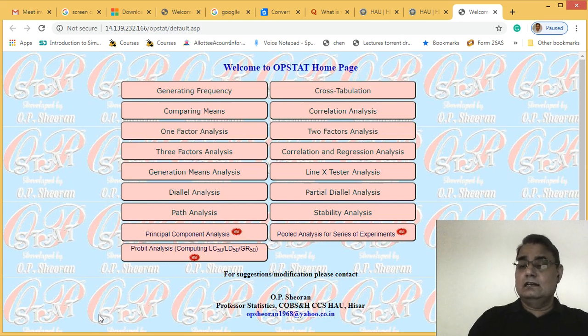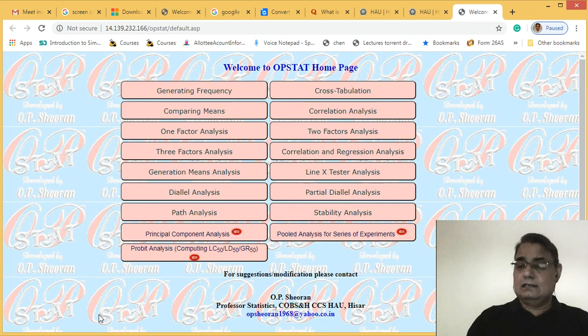So partial diallele analysis is available for the Kempthorne and Curnow approach, in which circulant samples are generated from all possible crosses. So we provide the analysis of circulant samples only.